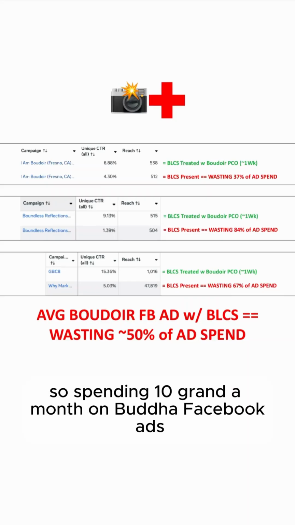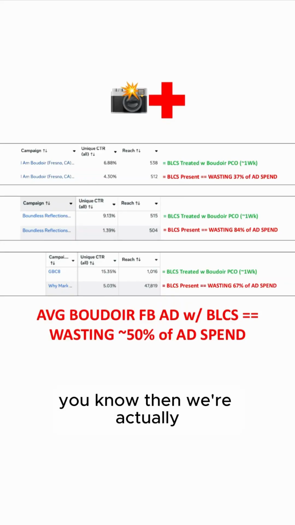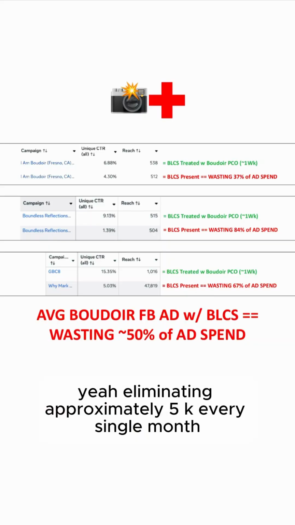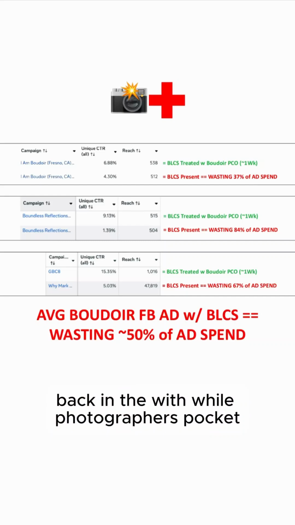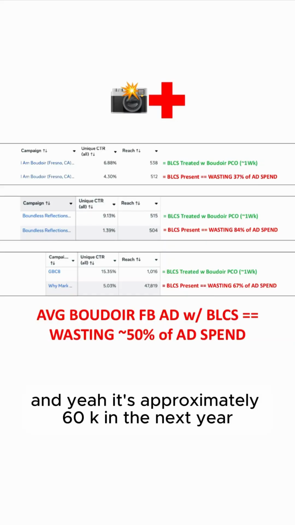So if you're spending 10 grand a month on Boudoir Facebook ads, then we're eliminating approximately 5K every single month back in the Boudoir photographer's pocket. They keep that, they no longer have to spend it, and it's approximately 60K in the next year.